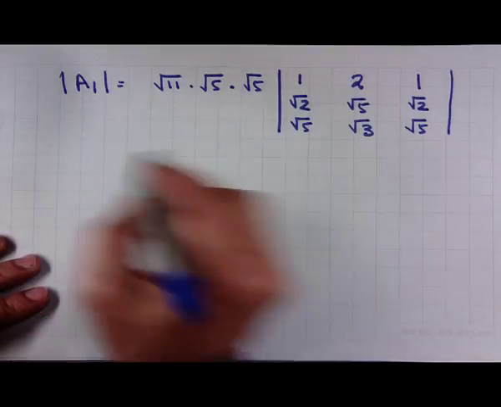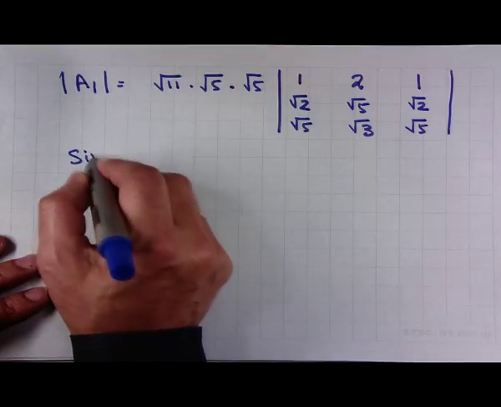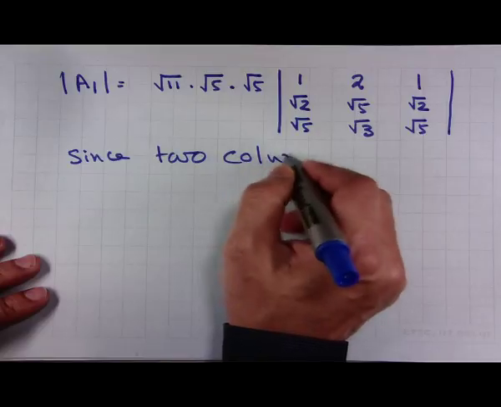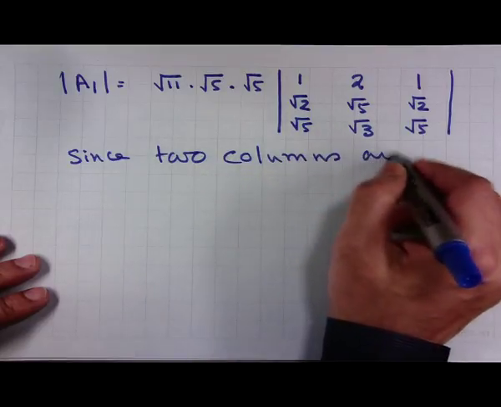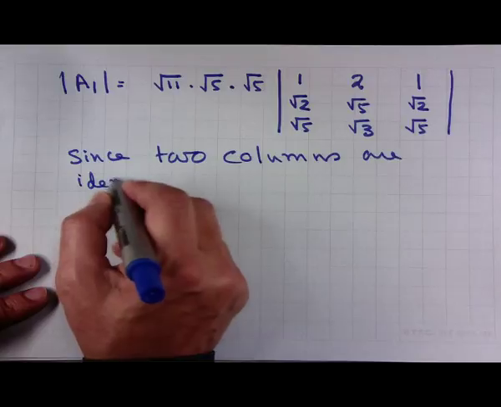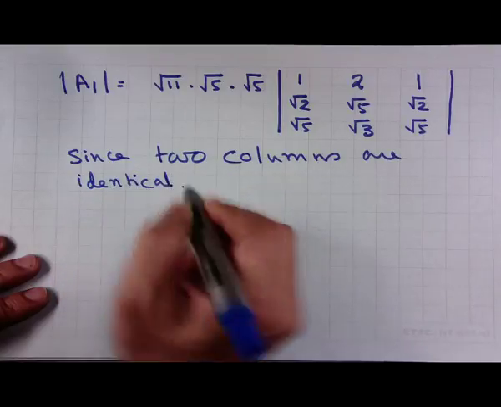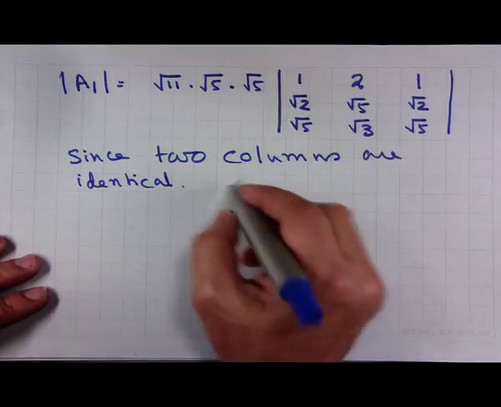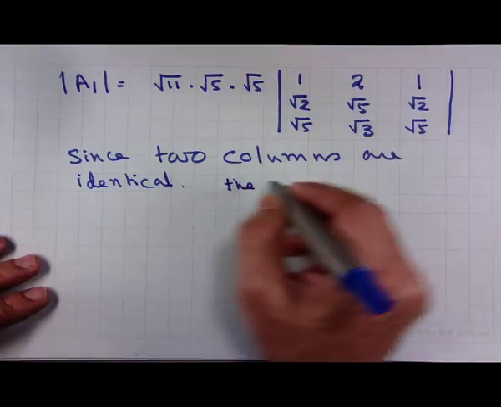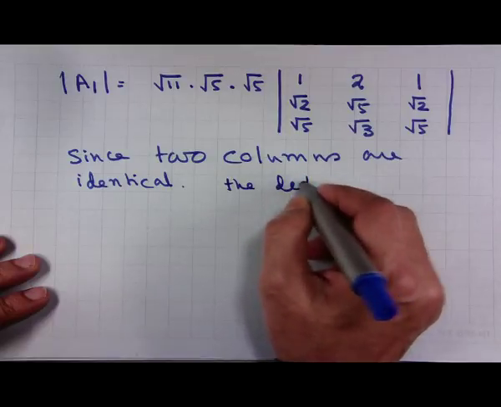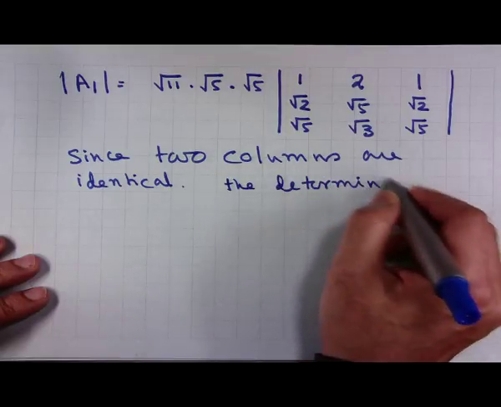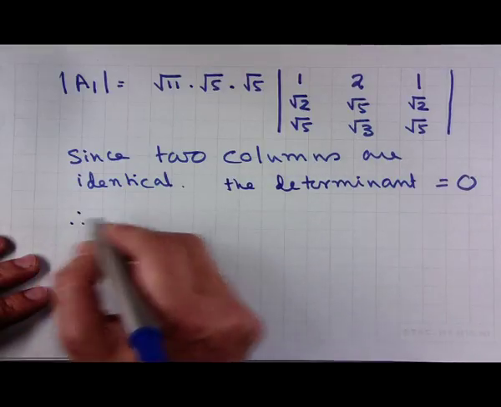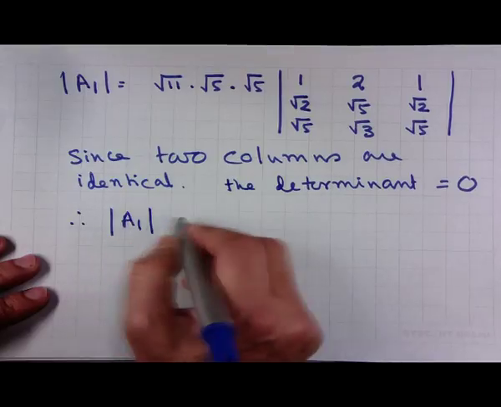Now, looking at this matrix, since two columns are identical, we know that the determinant is going to be 0. Therefore, determinant of A1 is equal to 0.